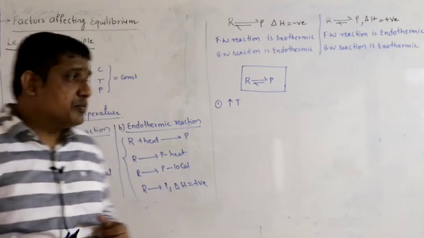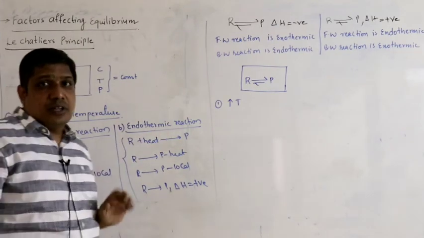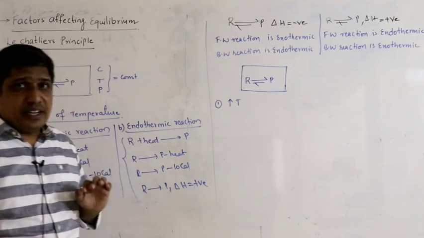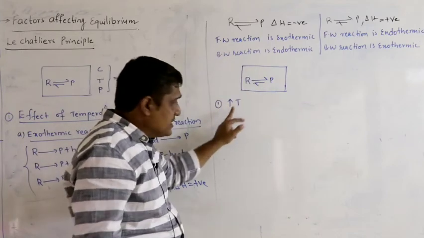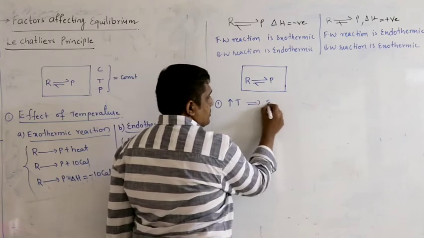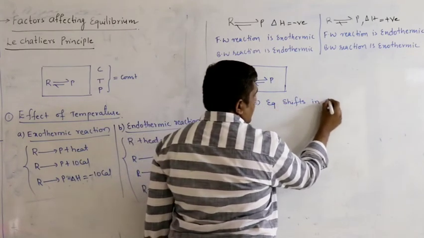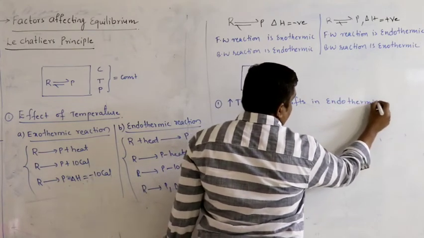Which reaction will absorb energy? Is it exothermic or endothermic? The answer is endothermic. Endothermic reaction proceeds with absorption of energy. So, to a system which is at equilibrium, if I increase the temperature, then equilibrium shifts in endothermic reaction direction.